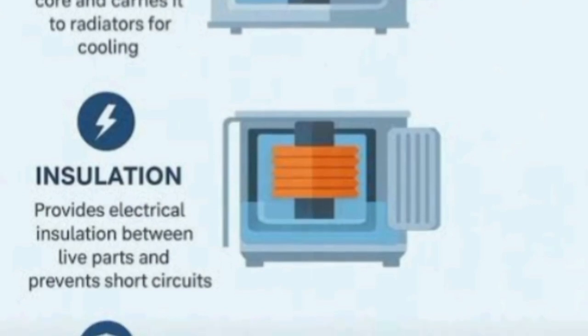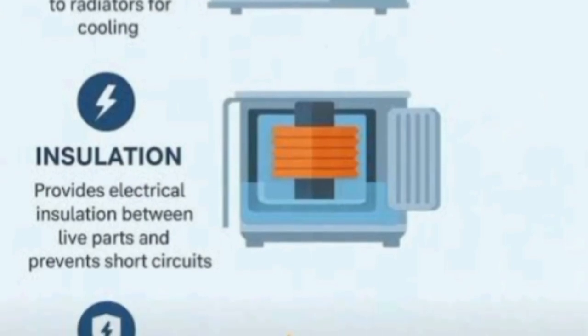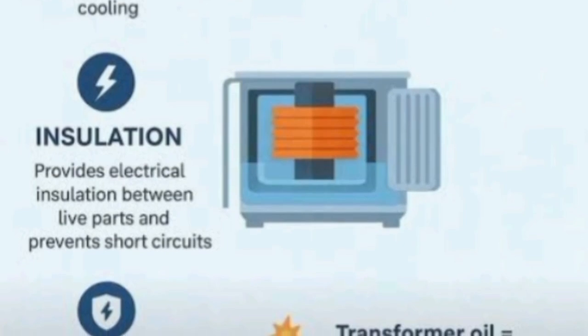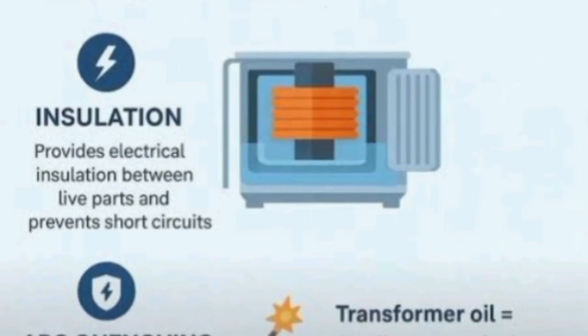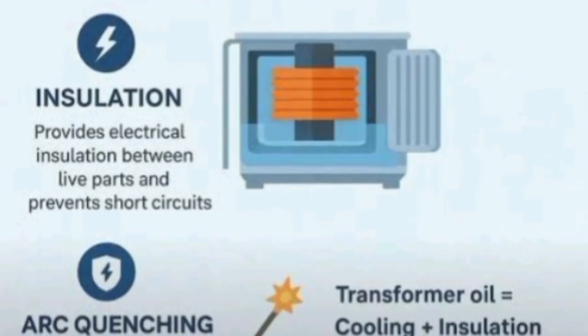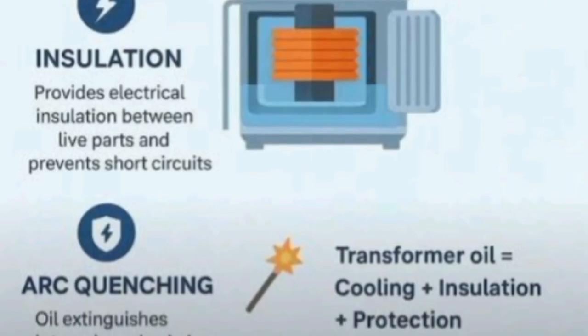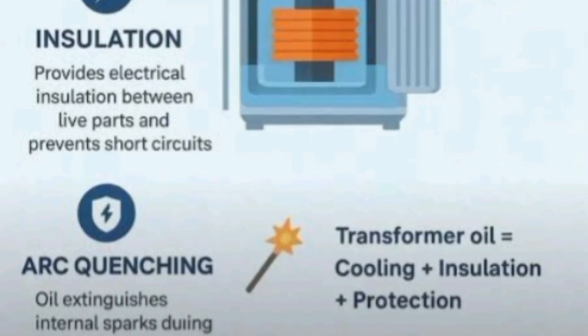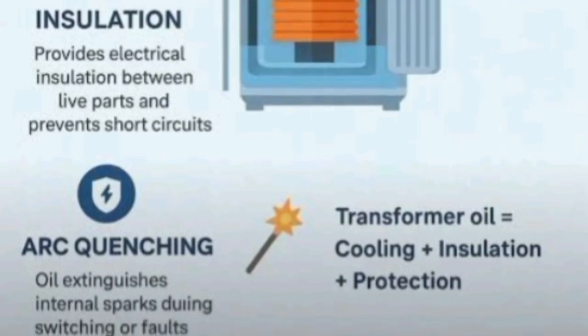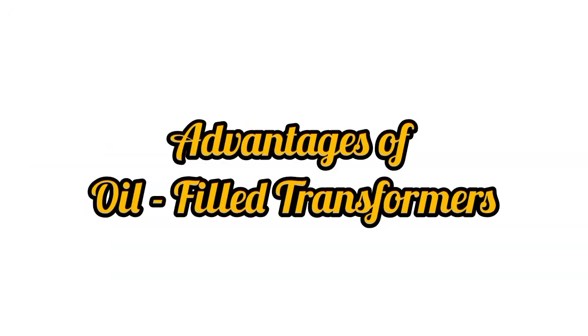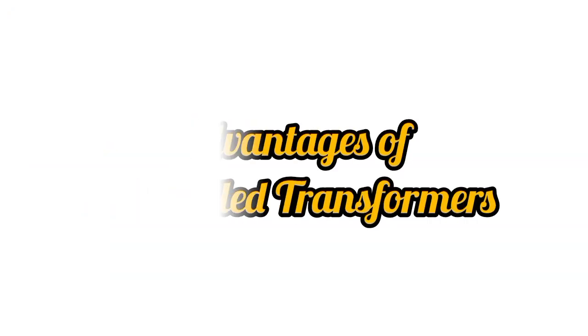Commonly used transformer oils include mineral oil, silicone oil, and biodegradable ester fluids. Proper oil quality is critical because contaminated or degraded oil can reduce insulation strength and increase the risk of transformer failure.